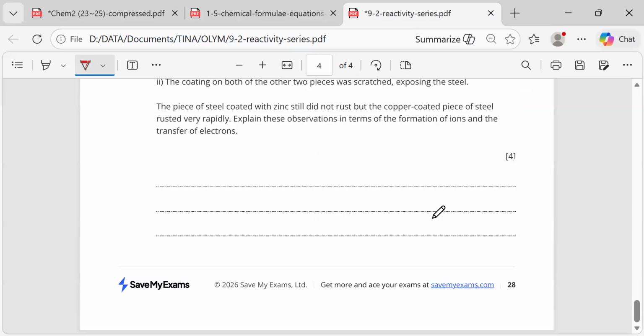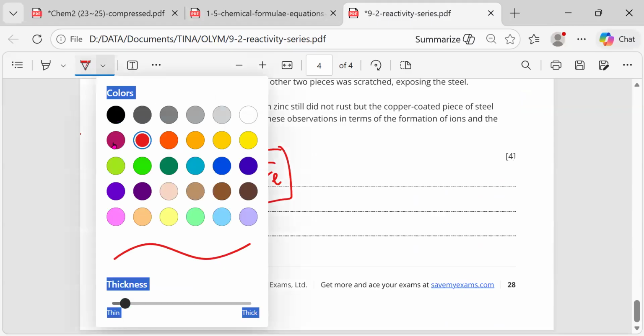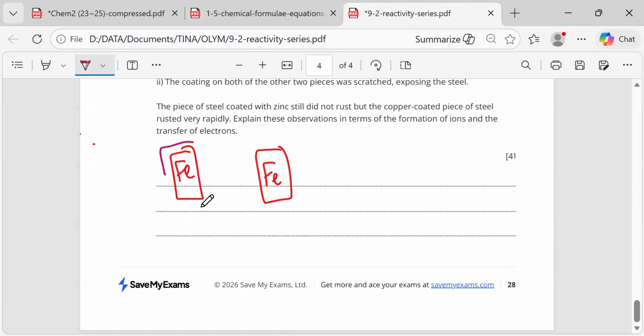Can. This question is very interesting. Steel is basically iron, we don't need to worry about that. The first one is coated with copper but then it was scratched. The second one is coated with zinc, it's scratched. Which one will the iron rust? Copper, because iron is more reactive than copper.